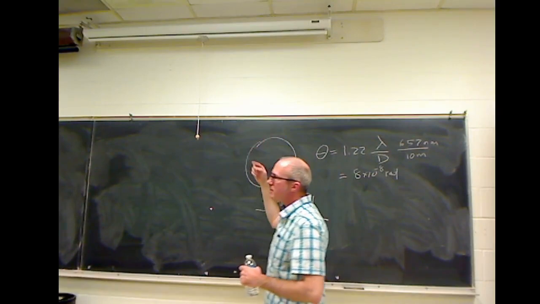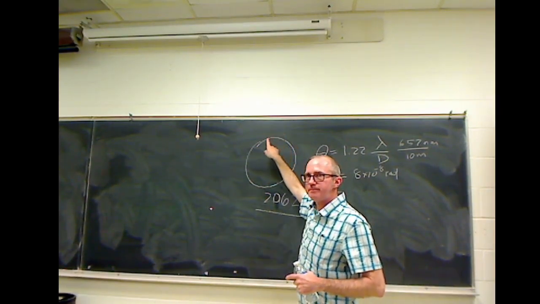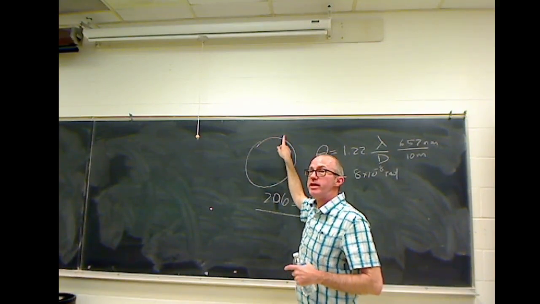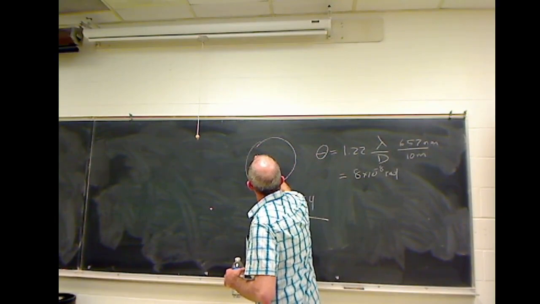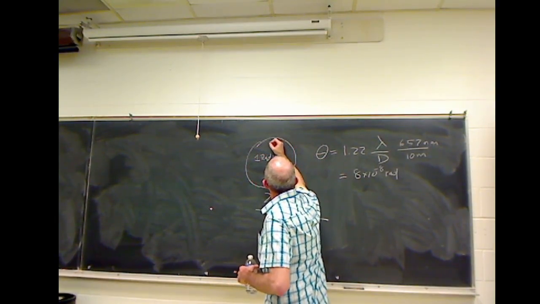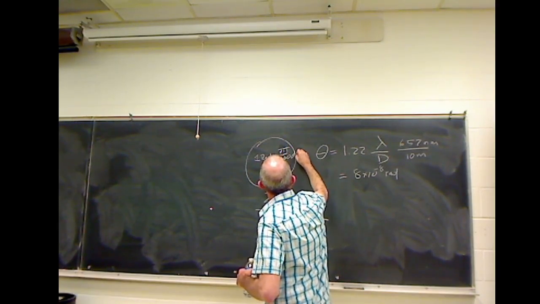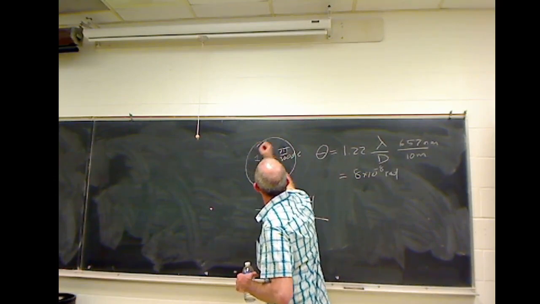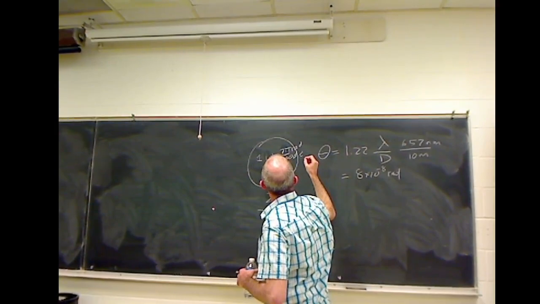Let me just work through how you get it. How many degrees are in a circle? 360. How many radians are in a circle? 2 pi. So 1 equals 2 pi radians over 360 degrees.